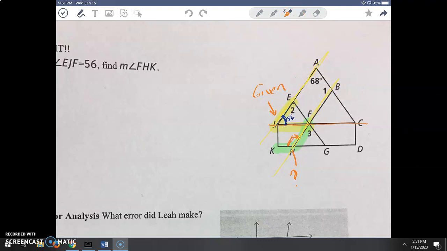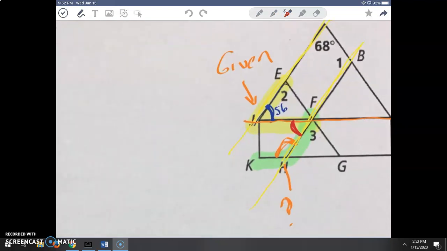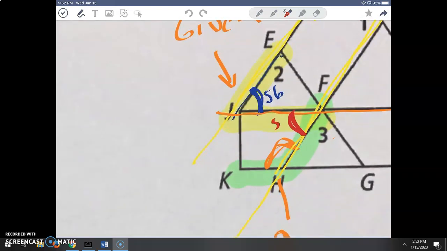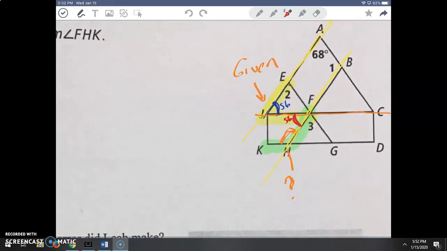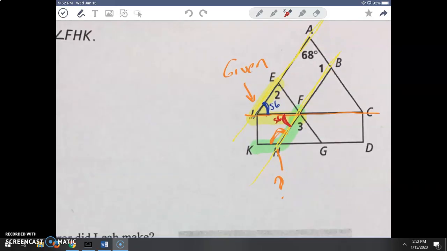Alternate interiors because they're on alternate sides of the transversal, but inside the parallel lines. So the angle over here is also going to be 56.